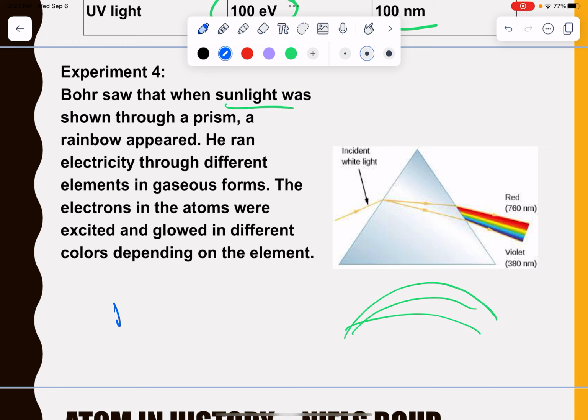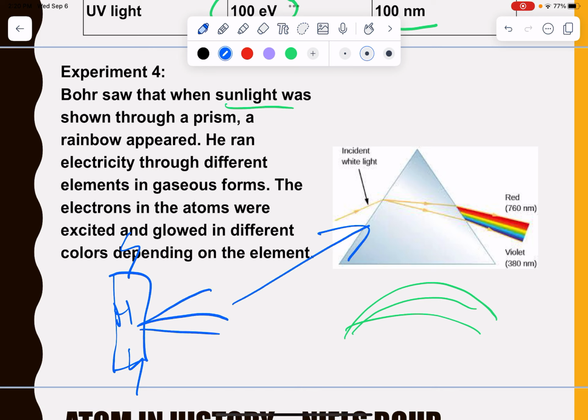So he took hydrogen, put it in a tube, ran electricity through it, and it gave off light. And he did the same thing with that light as he did with sunlight, and was able to see that the hydrogen gas, rather than giving off a full rainbow, all the colors of light, gave off certain very specific light colors. So maybe just a little bit of blue, some red, greens, and so forth.